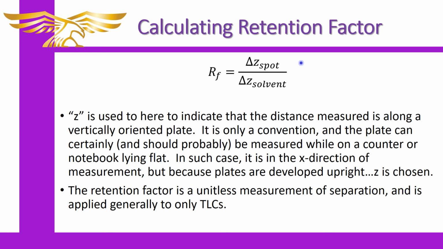And in terms of the calculation itself, it's merely a fraction or a ratio. And as we said, it's a resolution measure predominantly for the separation. Now, here, when I've written it out, I've chosen to use the variable z. The reason that I use the variable z is because when you develop a plate, you tend to do this in the upright position.